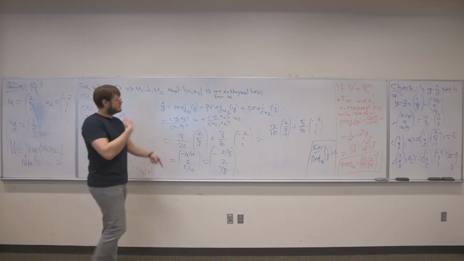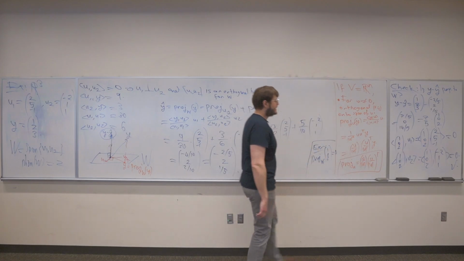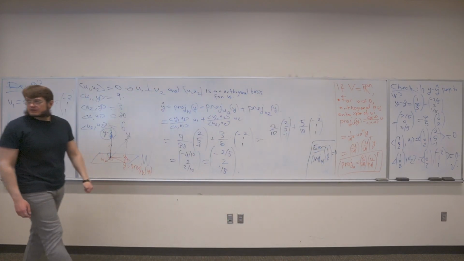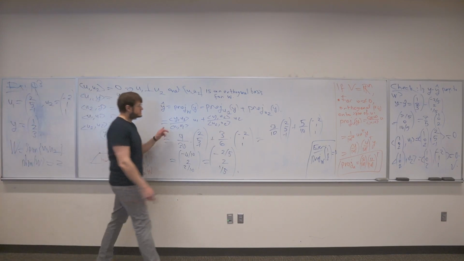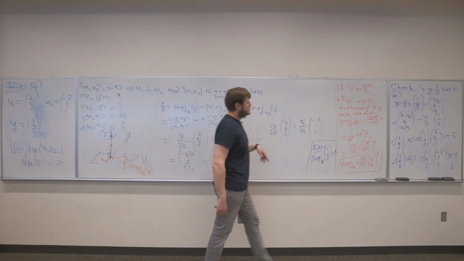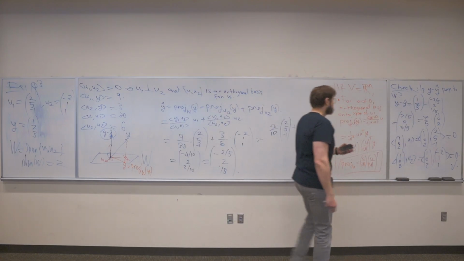And then I want to rearrange this expression into a square matrix. So let's do the first one first. Algebraically, I'm going to take this and dot it against u1, for instance.